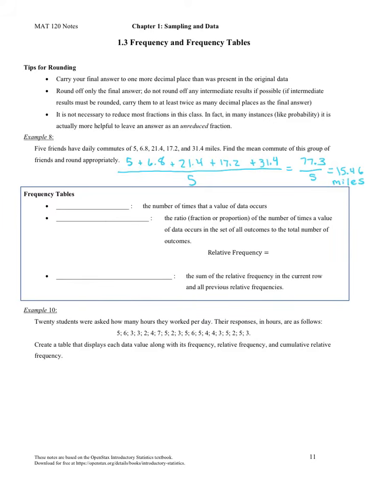Moving along, we have a few terms that we use when dealing with frequency tables. The first one is the number of times that a value of data occurs, and that would be frequency. Next, we're asked the ratio, fraction, or proportion of the number of times a value of data occurs, and we call this relative frequency.